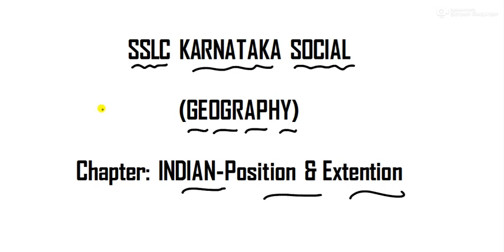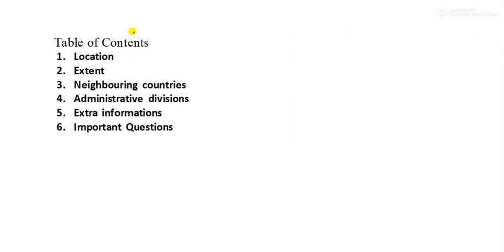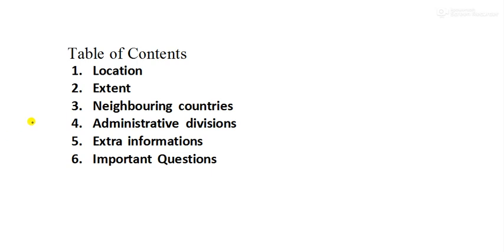Okay. So first, let us see what we have in this chapter. You can see it. We have to see the location of India, its extent, its neighboring countries, administrative divisions, and we'll also see some extra information related to this chapter, as well as important questions which will be useful for your SSLC board exam.